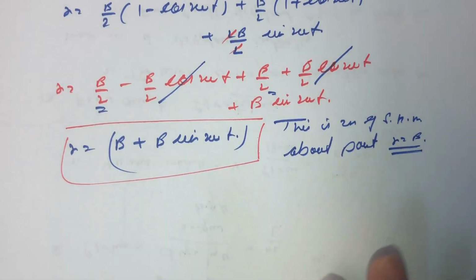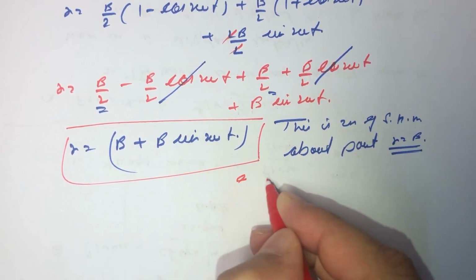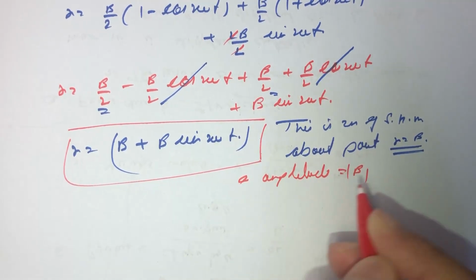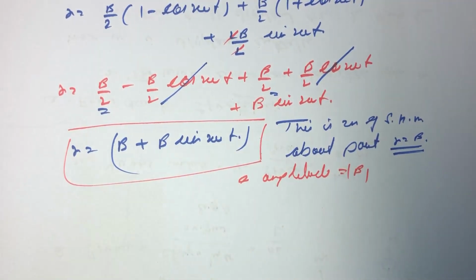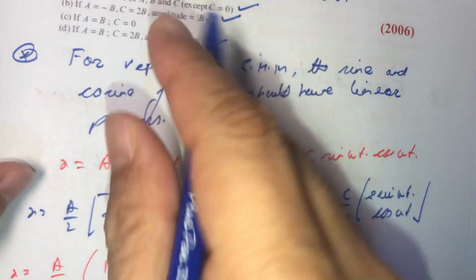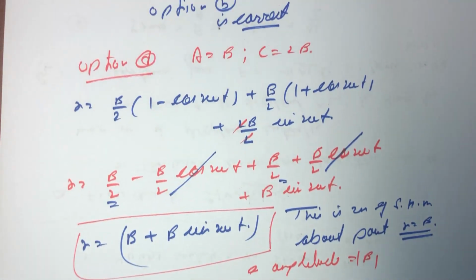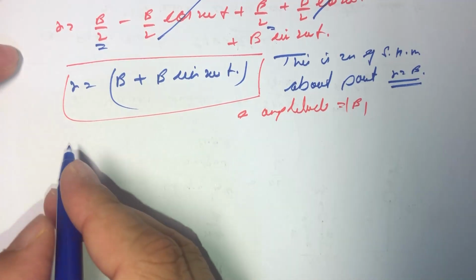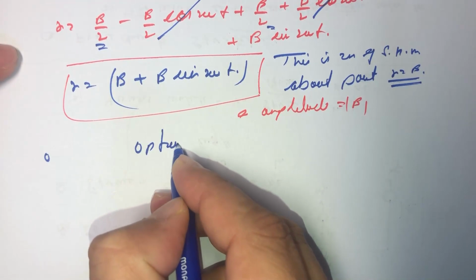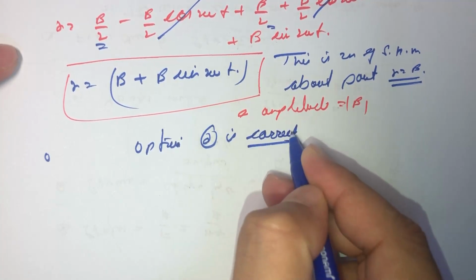Also the amplitude is modulus of B. So we have that option D is also correct. Let us find out now option number C. So we can say option D is correct.